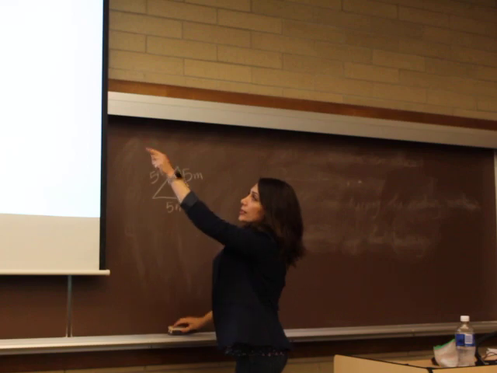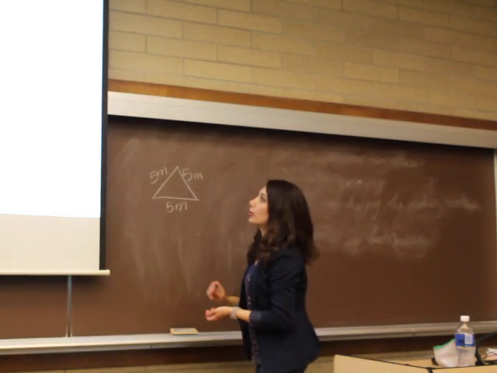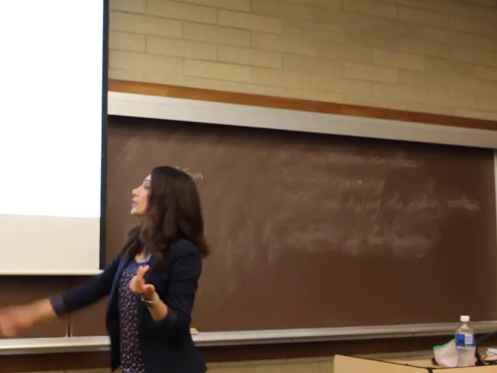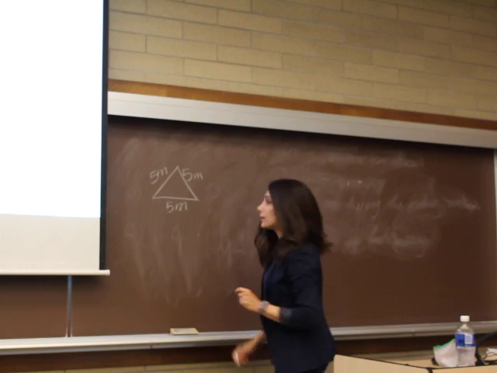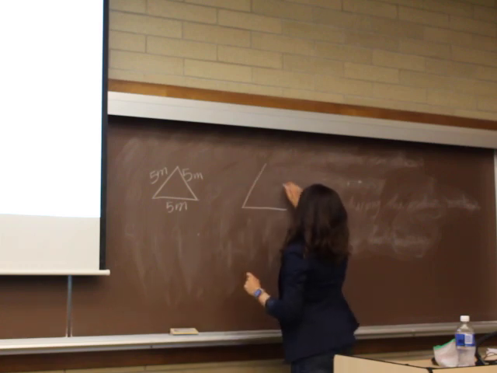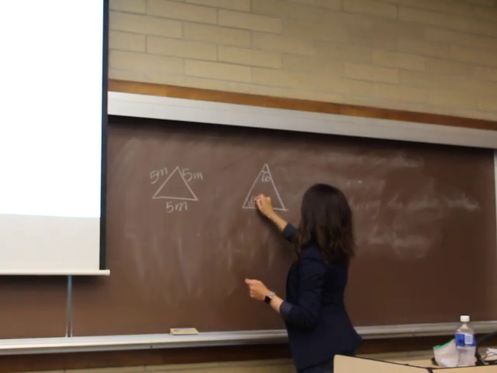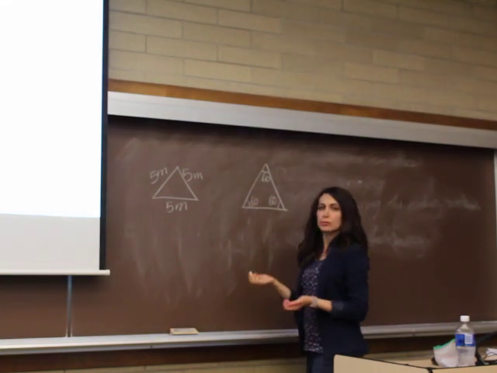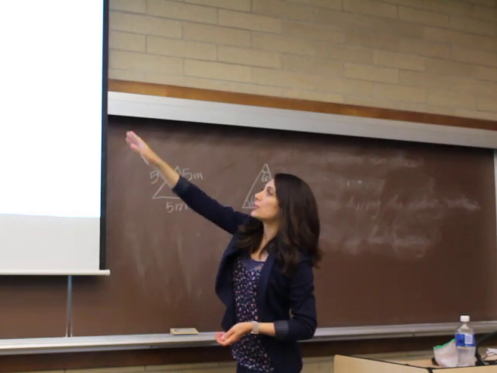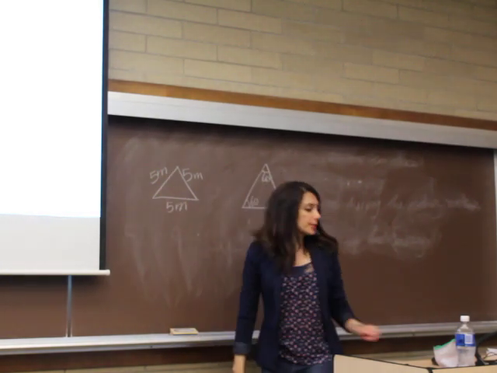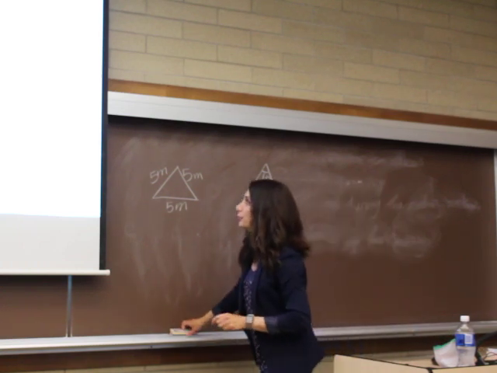Okay, so P says that a triangle is equilateral, and statement Q says that a triangle's angles all measure 60 degrees. It means, for example, you have a triangle, this angle is 60, this one is 60, and this angle is also 60. So P, a triangle is equilateral, Q, a triangle's angles all measure 60. If P, then Q.